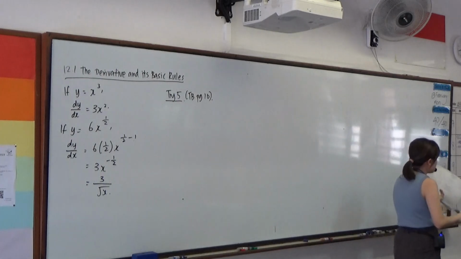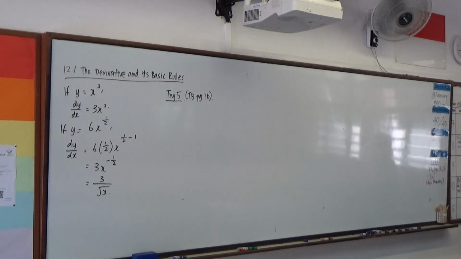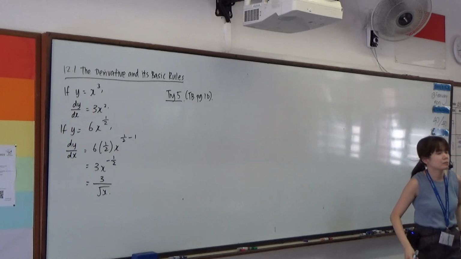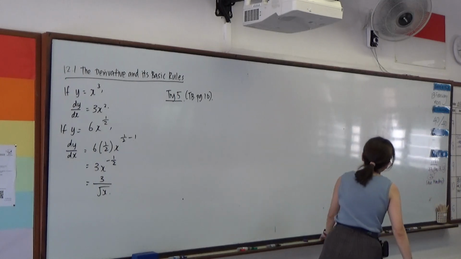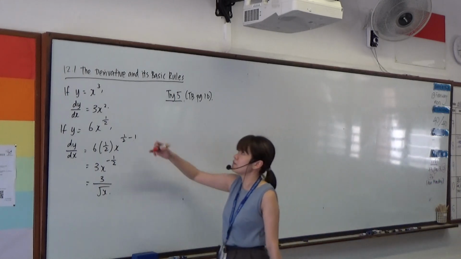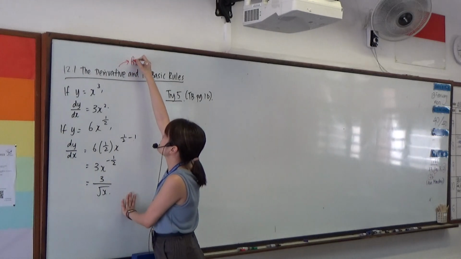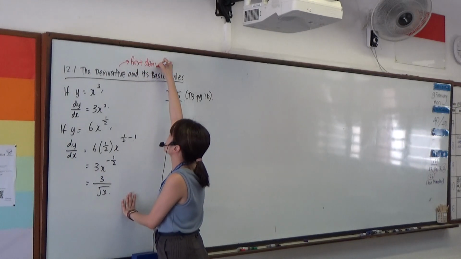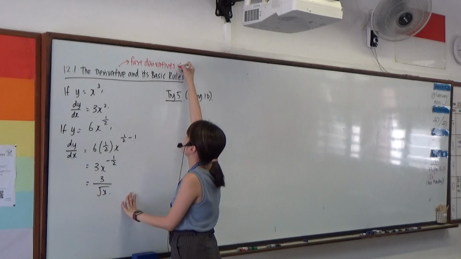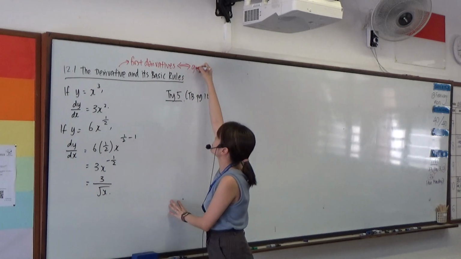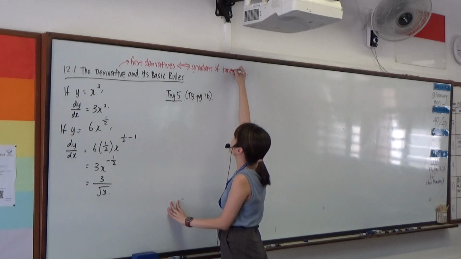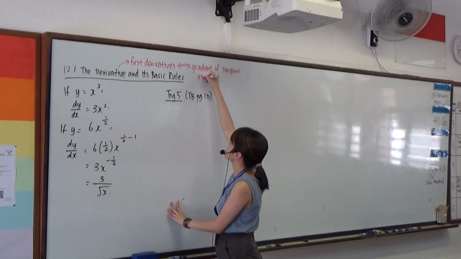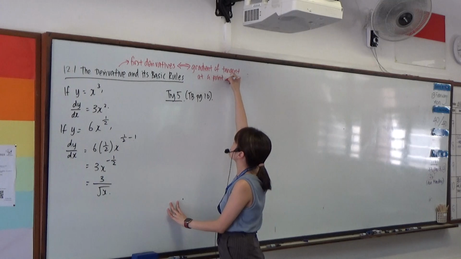Today I want to look at some application questions, some extension of your derivative. So, one very important application of the derivative is that the first derivative is commonly related to the gradient of tangent at a point on the curve.